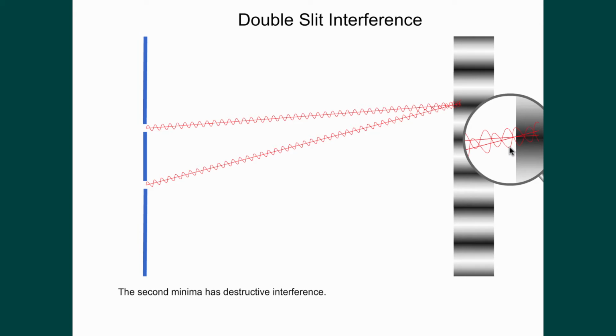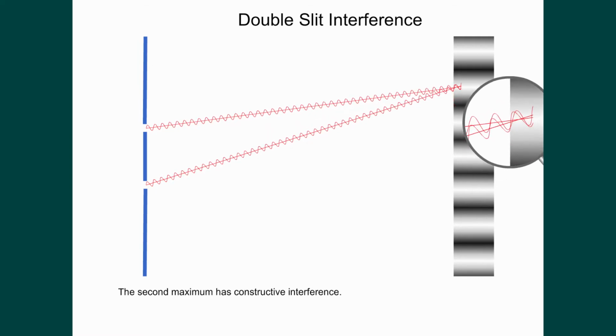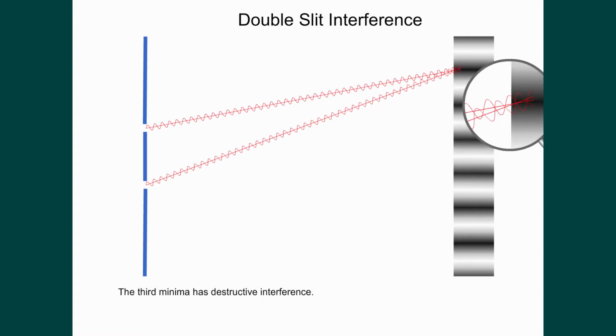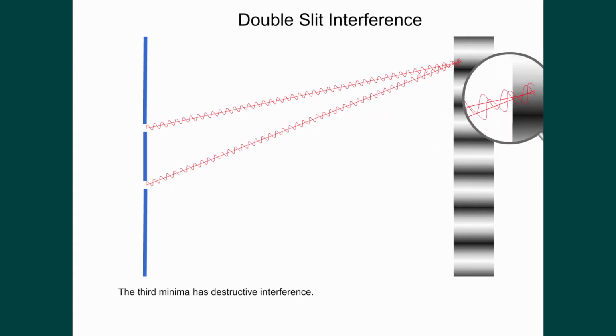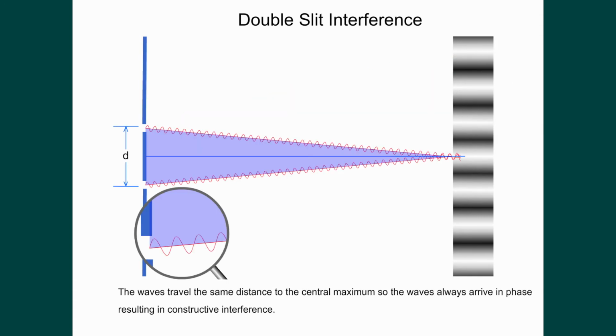So the bottom wave is 100% out of phase with the top. It's the trough of the bottom wave interfering with the crest from the top wave, which cancels out, and we have destructive interference again. The pattern continues as we move up, and because it's symmetrical, obviously we have the same thing below. So constructive, destructive, constructive, destructive.